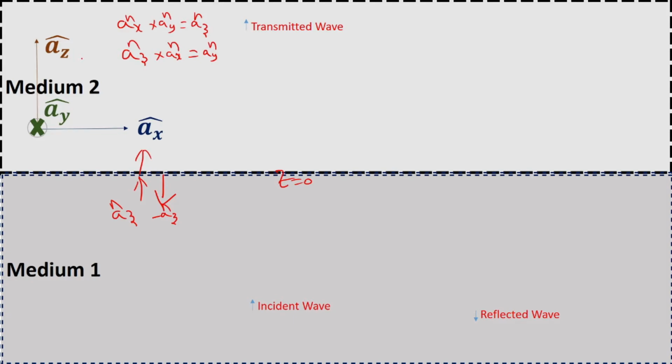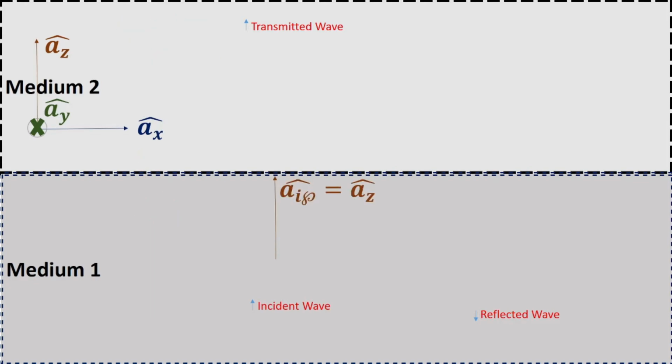Now let us also analyze the directions of electric fields and magnetic fields associated with the incident and transmitted waves. Now this is the direction of the Poynting vector. The direction of the Poynting vector means the direction of electromagnetic wave propagation. And for all these three waves, we say that the polarization did not change.